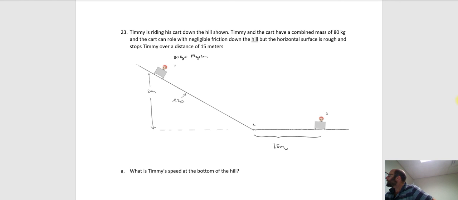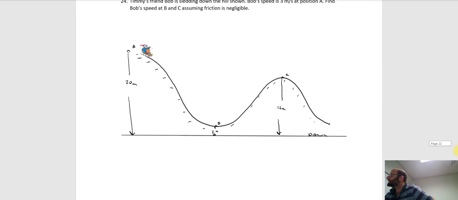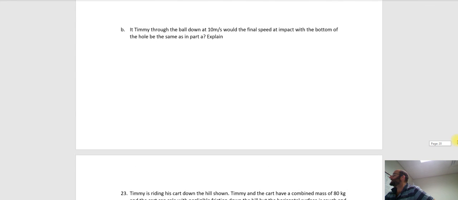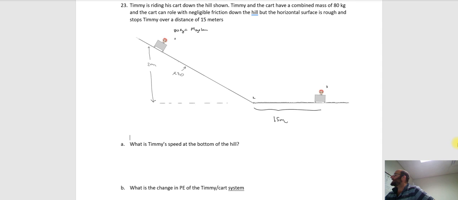And then the last question: what average force stopped Timmy over that 15 meters? That's talking about what's happening between 2 and 3. Remember, at position 2, Timmy was moving pretty good.